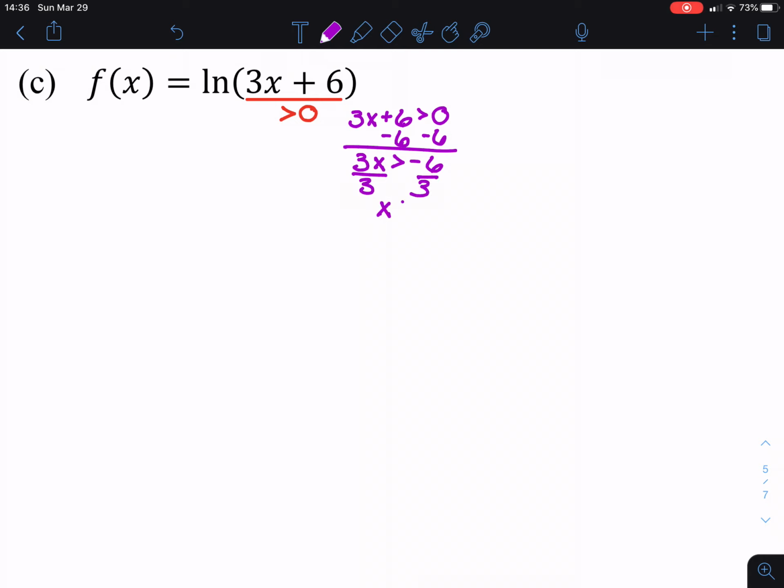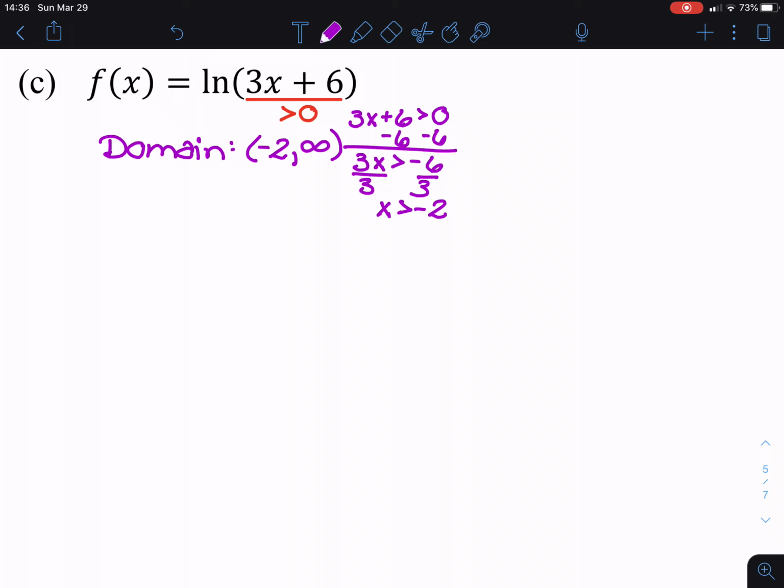That means that x has to be greater than -2. So my domain for my function goes from -2 to infinity, like that.